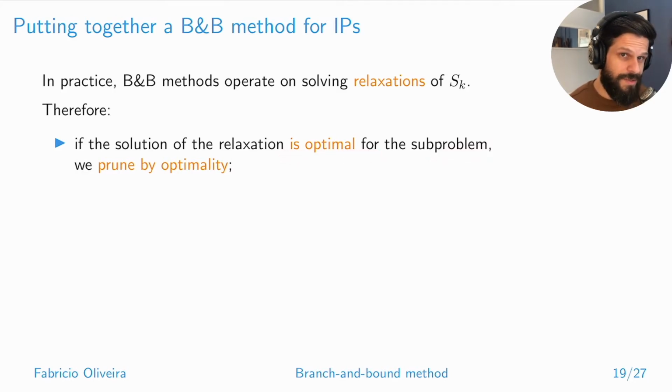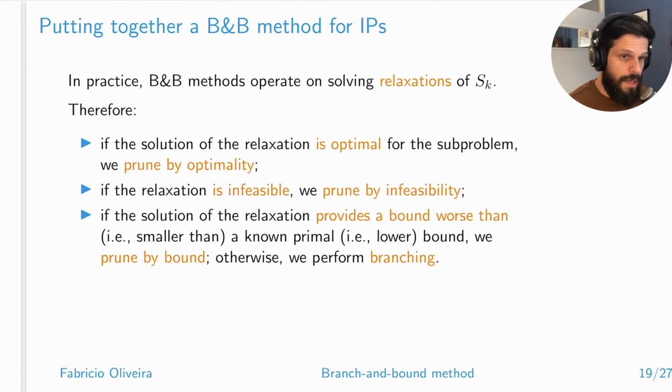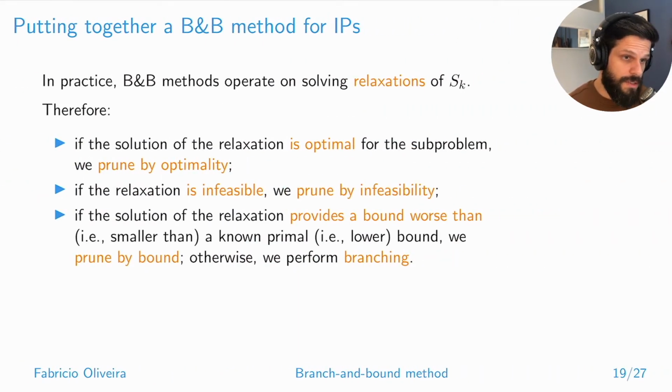That's the main point. If the relaxation is infeasible, we just prune by infeasibility. And if the solution is worse than a known primal bound, we can prune by bound. And otherwise, we'll have to perform branching. Right?